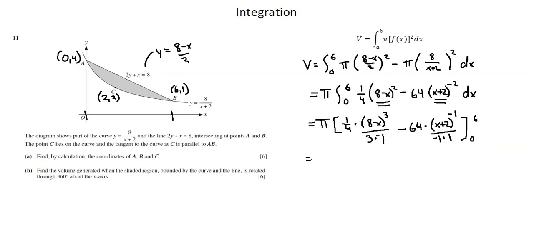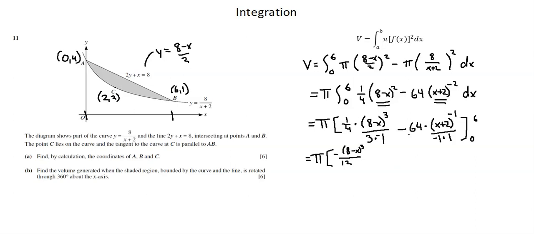One more simplification. Pi multiplied by, now I have 1 over 4 times a denominator of 3 times negative 1, which will give me negative 1 over 12, and I'll have a numerator of (8 minus x) cubed.